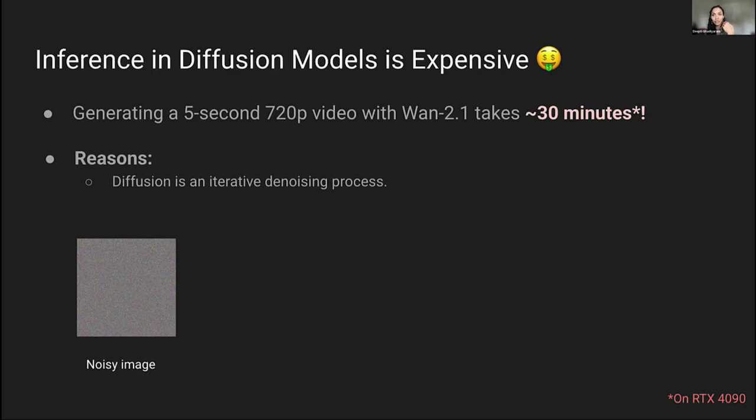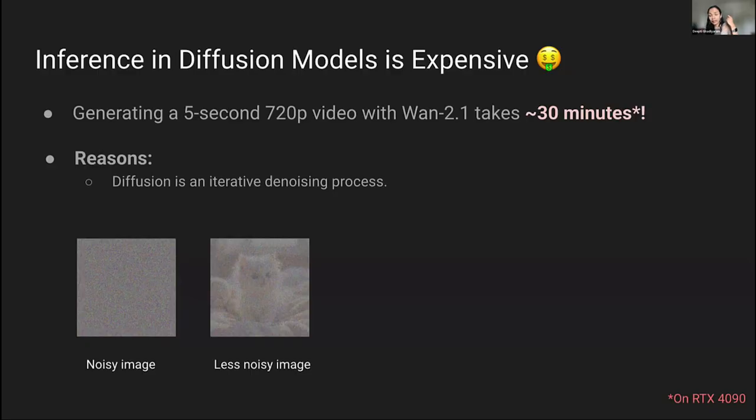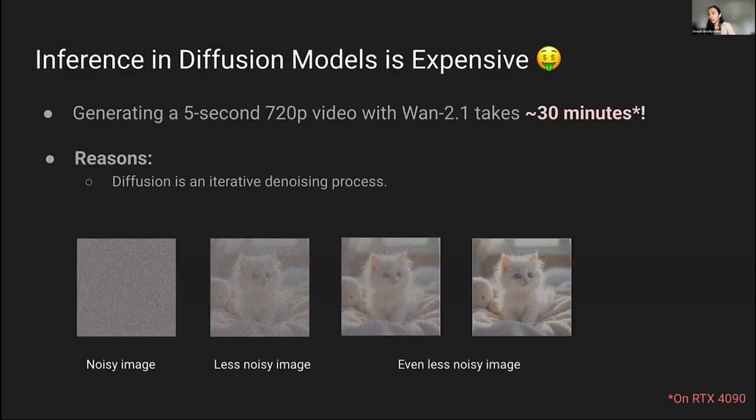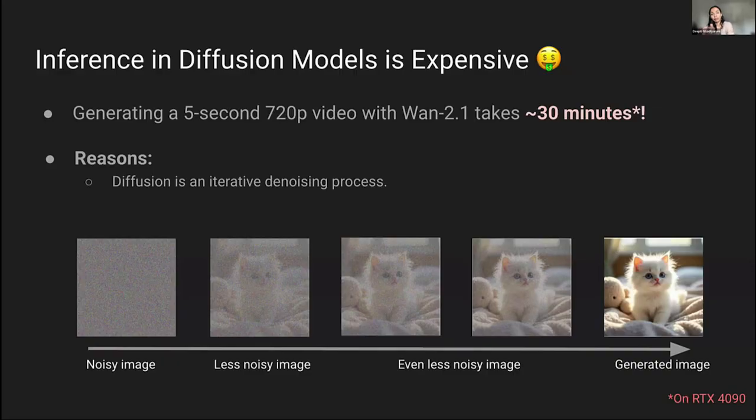Diffusion is an iterative denoising process. So during inference, we start from a noisy latent, and then iteratively try to remove noise to the point that we get a less noisy image, and then the pure signal that we are after.